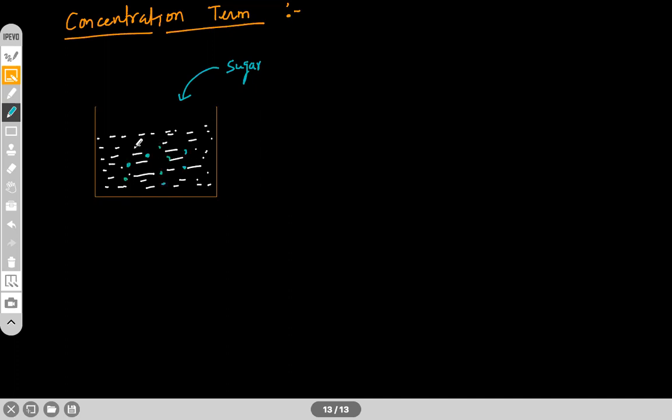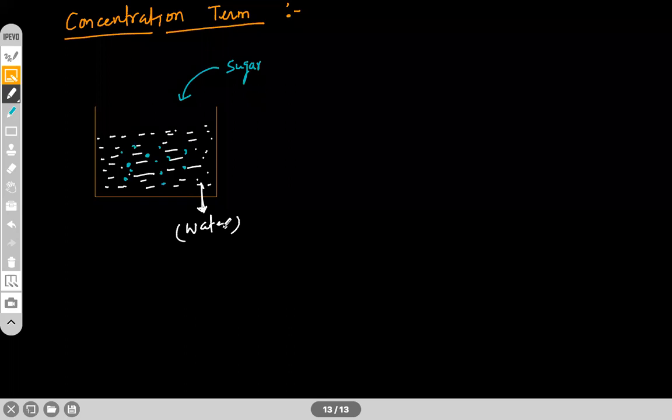So now you see there are two phases over here. One is liquid phase, that is water. And the other one is solid phase, that is sugar crystal or salt you place in.